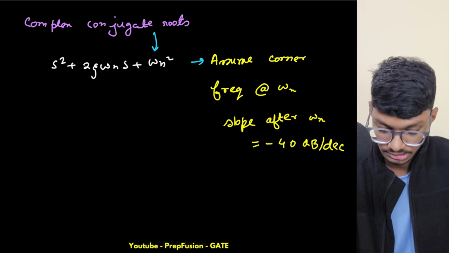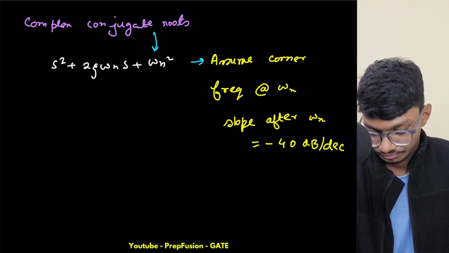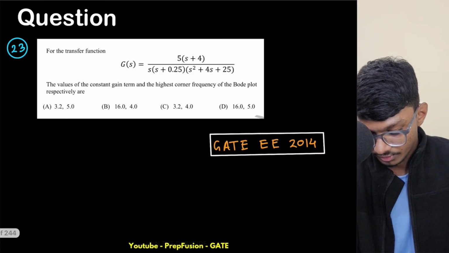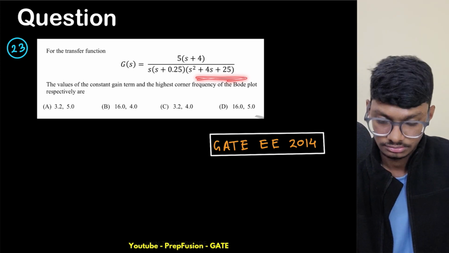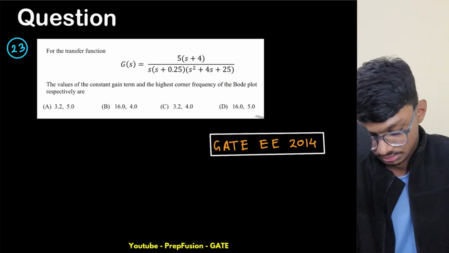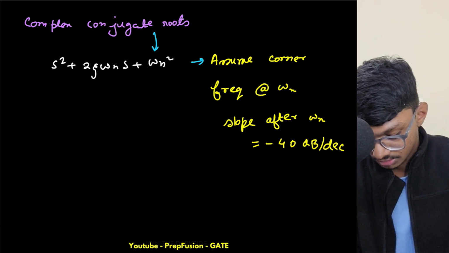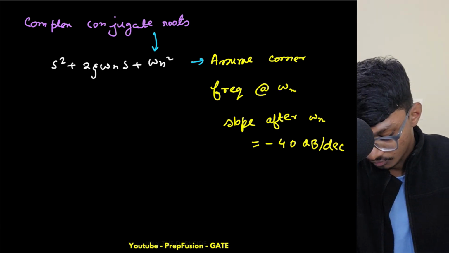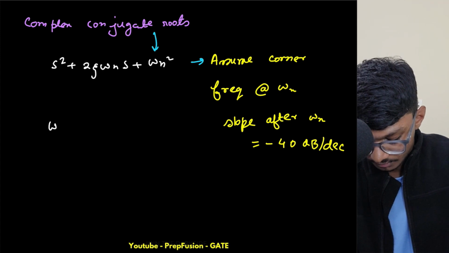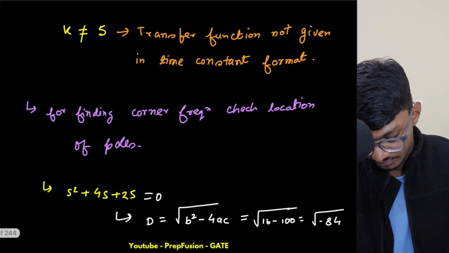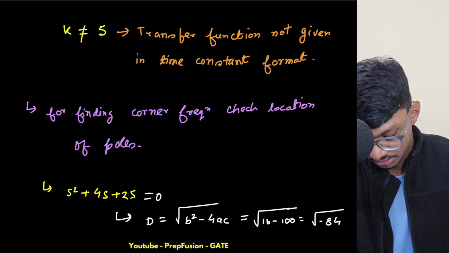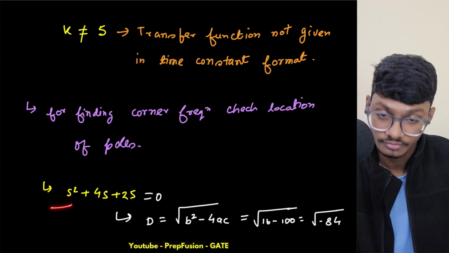Now this is about omega n, right? So now what will be my corner frequency, the highest corner frequency? What is omega n square here? Omega n square here is 25, because this format is matching. Keep in mind that the coefficient of s square should be 1.